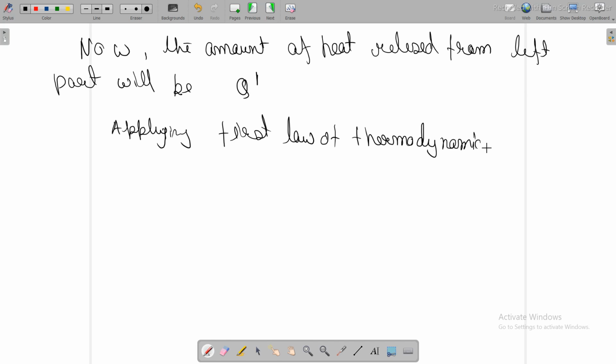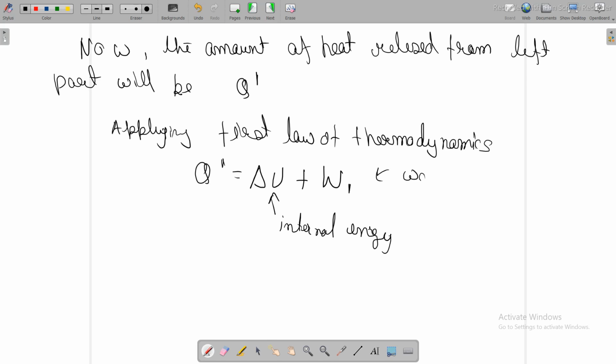Q dash is equal to the change in internal energy plus the work done by the gas.